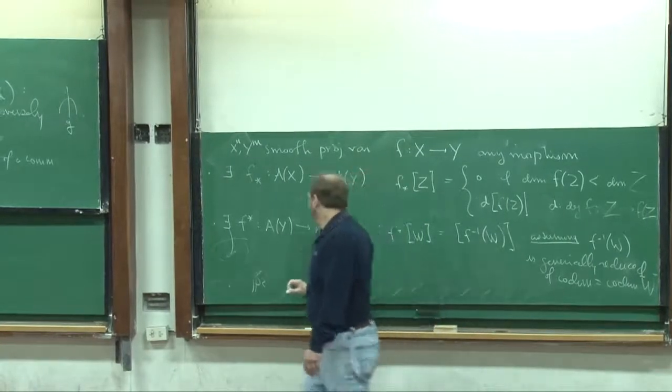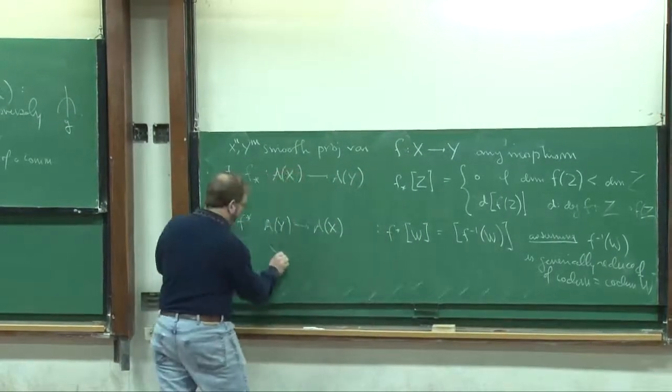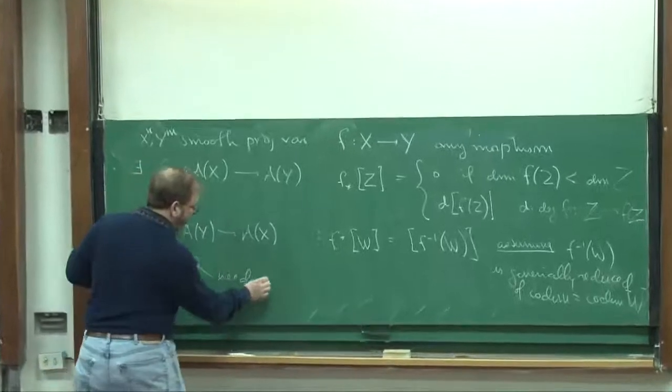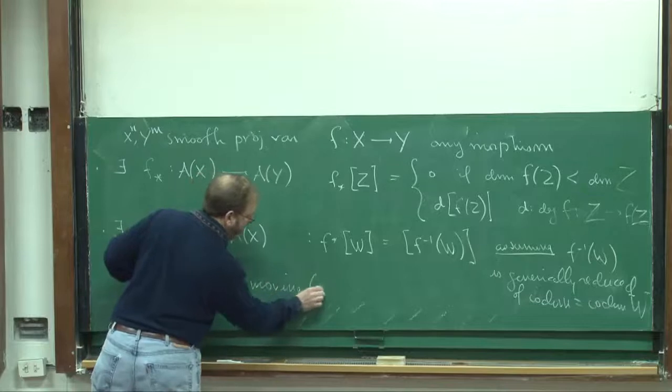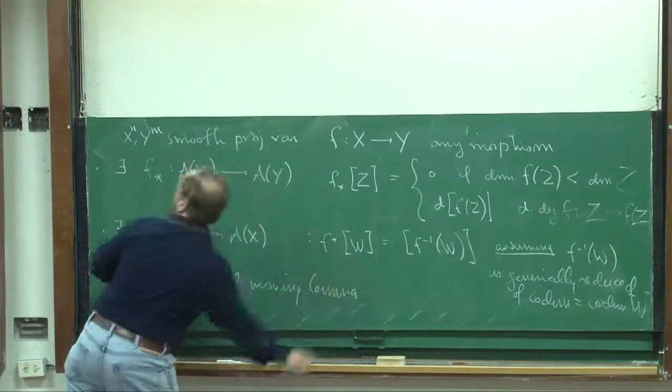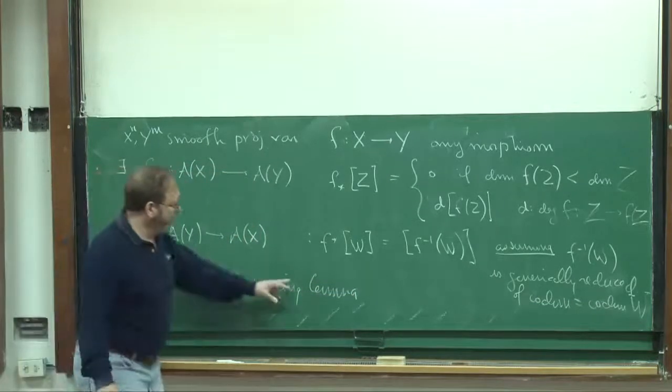Pull back. So again, for this part here, we need a variant of the moving lemma. And I think rather than write it out, I'll just say it again.